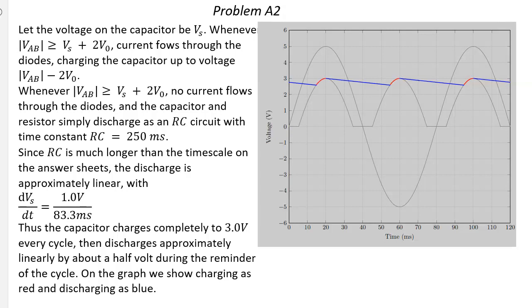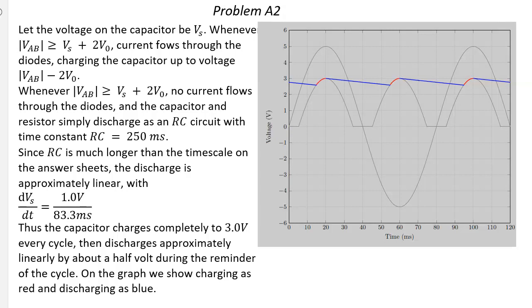Whenever the absolute value of VAB is less than VS plus 2V0, no current flows through the diodes, and the capacitor and the resistor simply discharge as an RC circuit with time constant equal to 250 milliseconds.